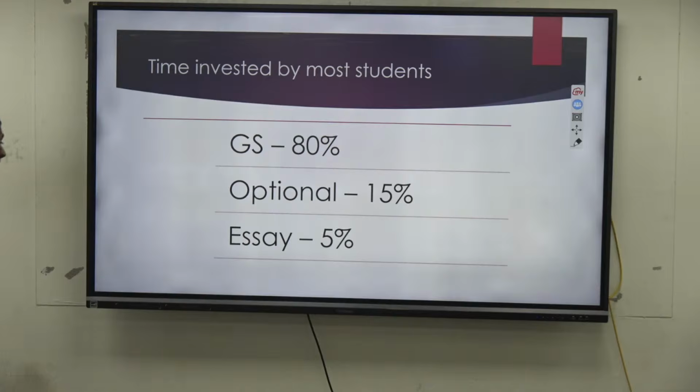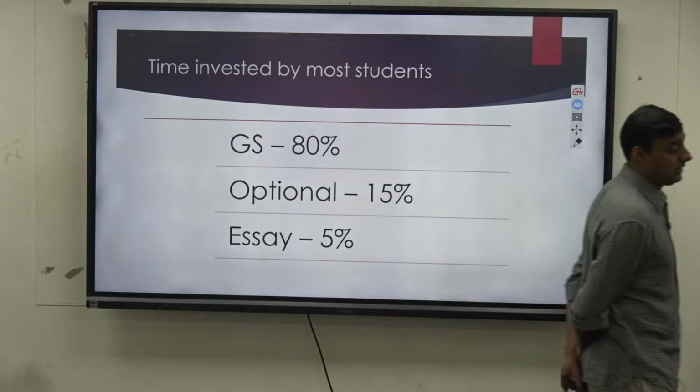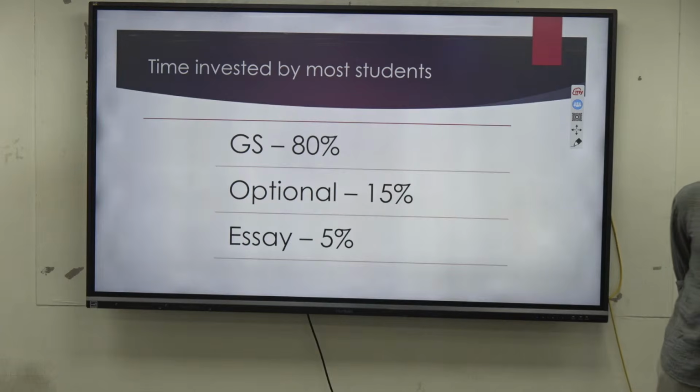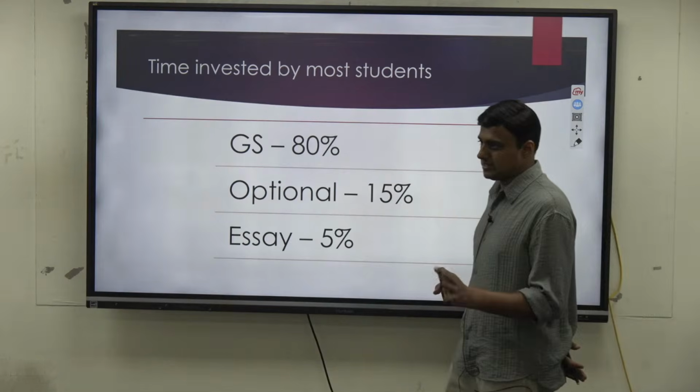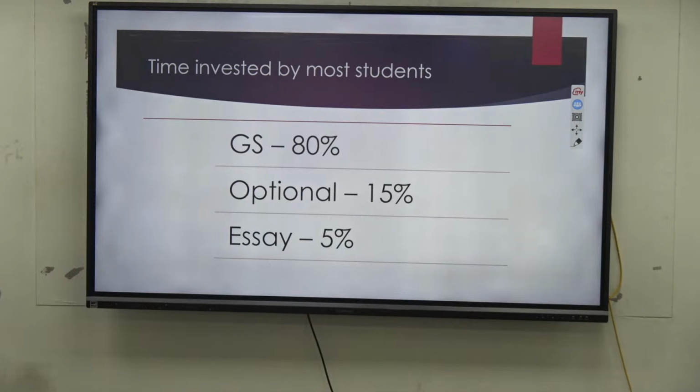GS1 and GS3, in the last 4 or 5 years, are relatively lower, because the average itself is somewhere in the 80s, 85, 82, so 80 to 90 is the average. I'm talking about GS1 and GS3.